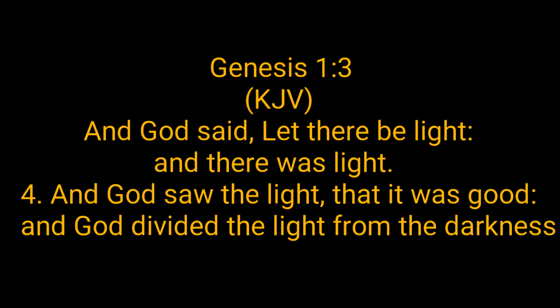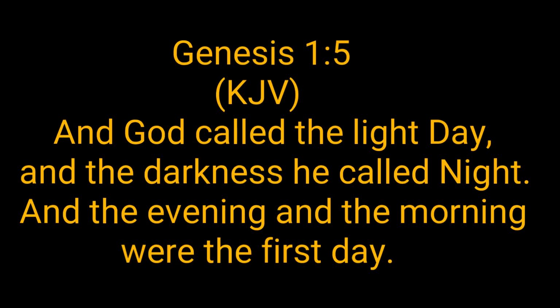He divided the light from darkness, and he called the light day and he called the darkness night. And then it says that the evening and the morning were the first day. This is according to King James. So the King James translated it that the evening and the morning were the first day.